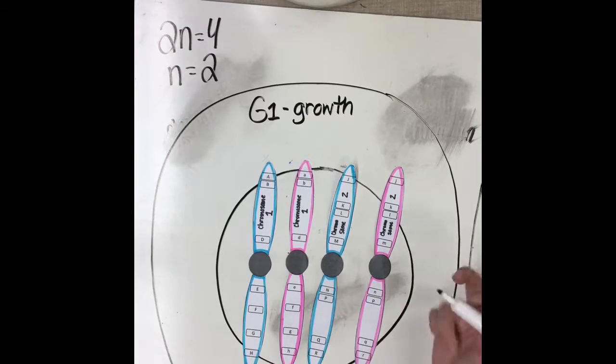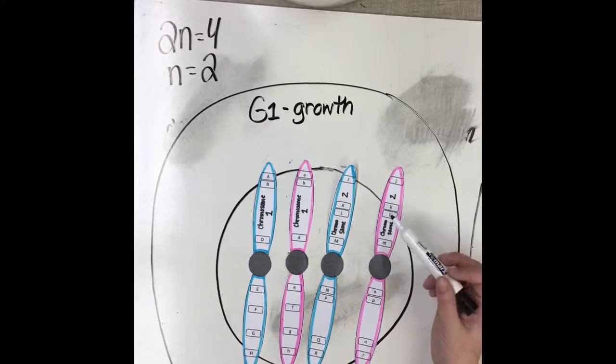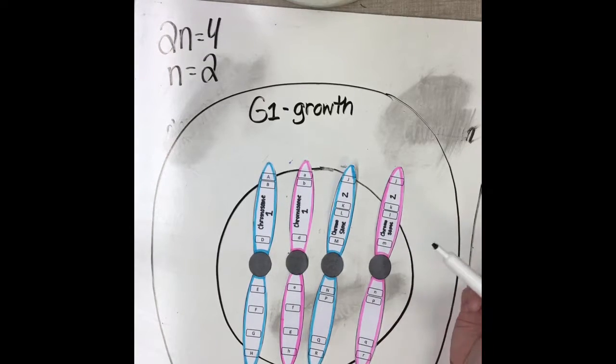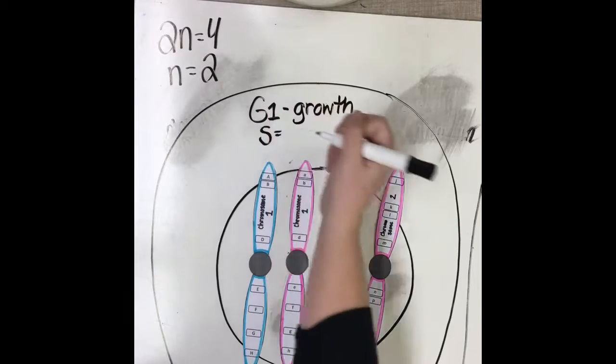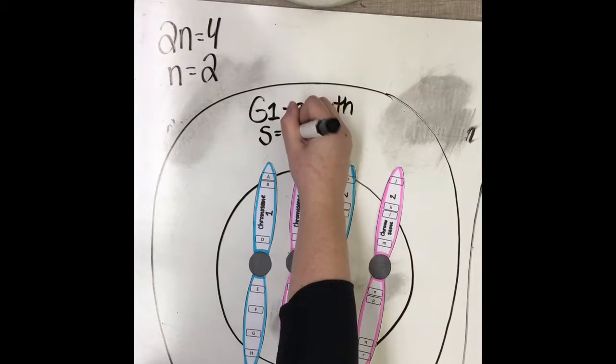These are not going to be visible under a microscope at the time. They're not condensed, so you won't see them, but this is what you would have in this typical nucleus during G1. In S phase, you are going to have DNA replication.